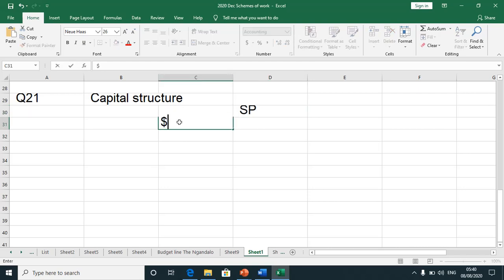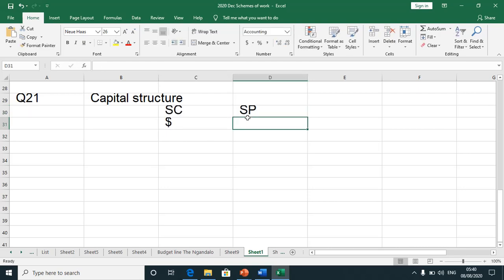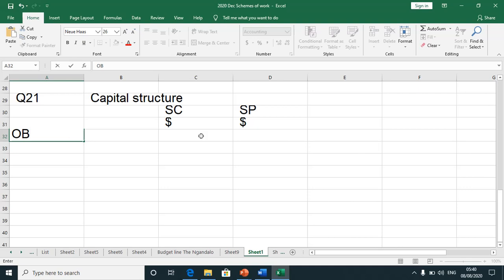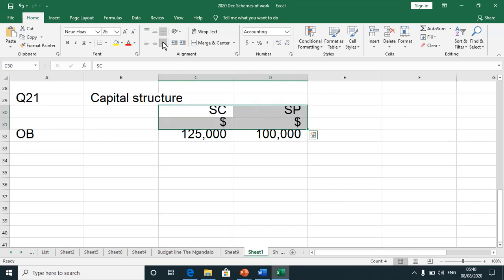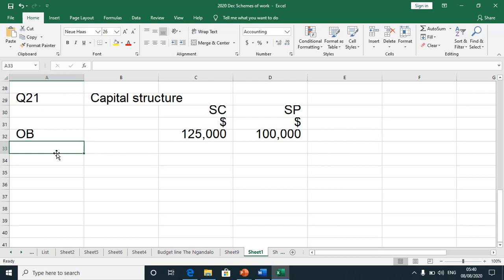And of course, the values are given for us. The opening balances, OB. Here we had a 125, and here we had a 100,000. I hope that you can see that. Just make that one a little bit simple.